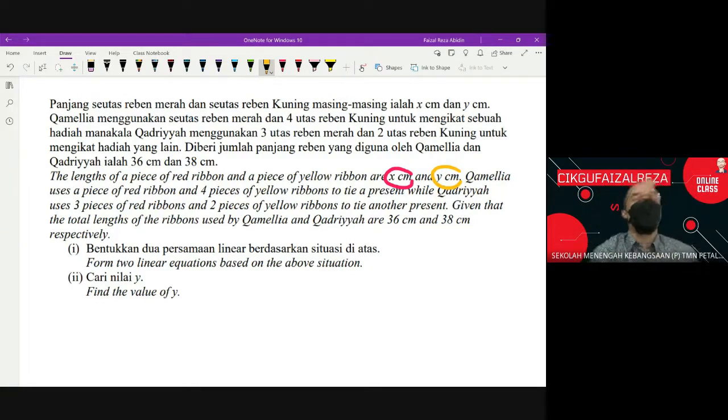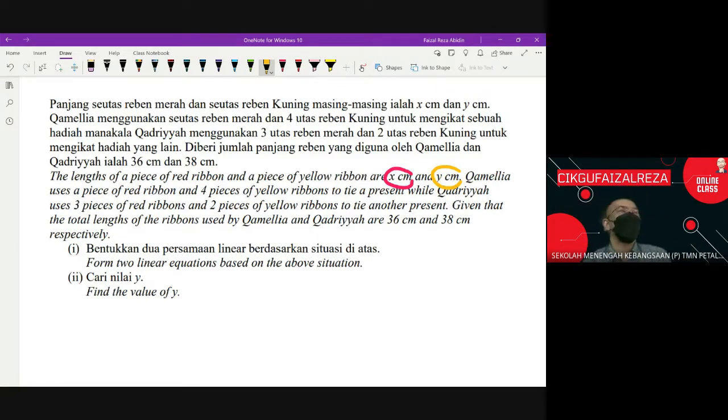And must have x and y. So this means we are going to have two linear equations. The first linear equation is going to be based on Camellia. The second linear equation is going to be based on Kadria.